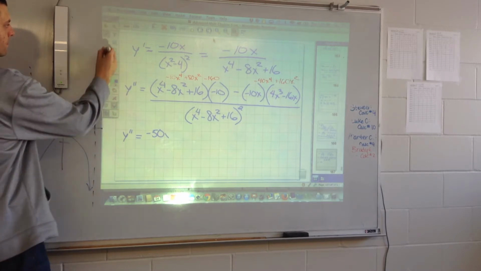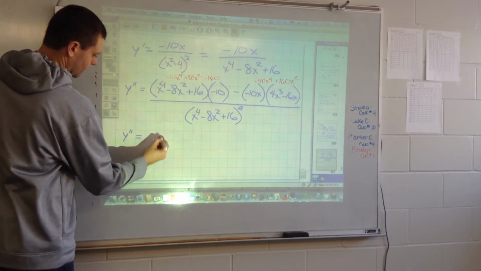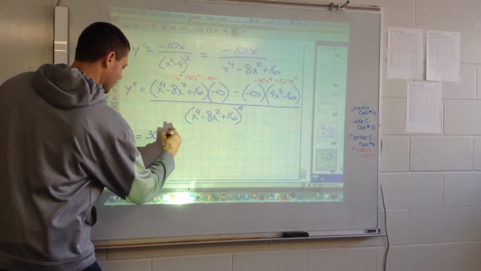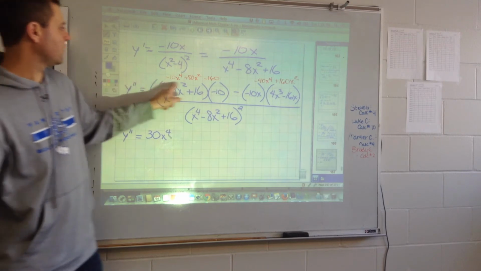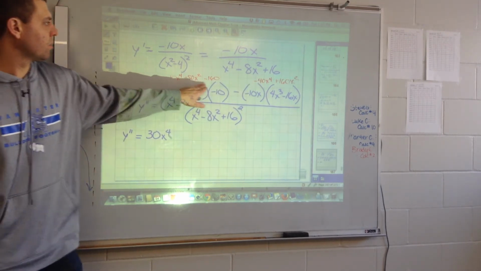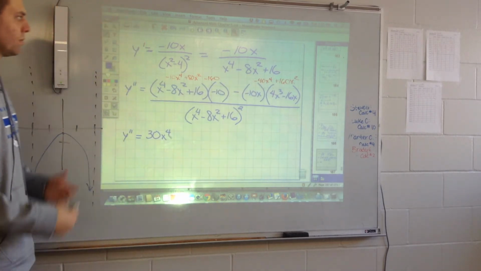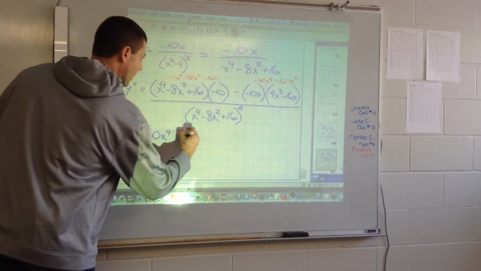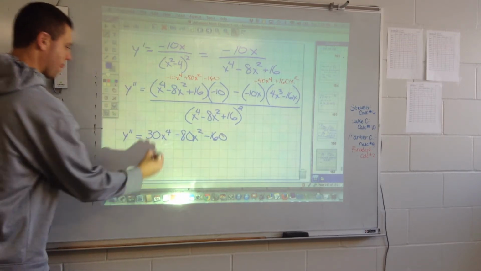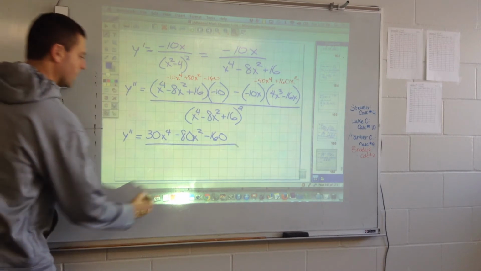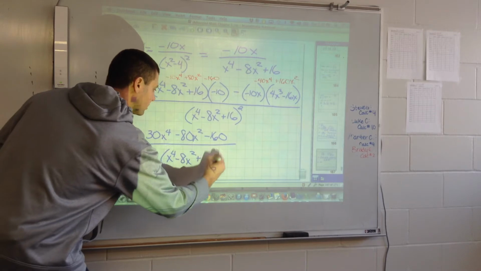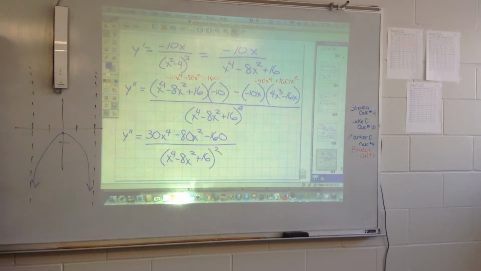Negative 10x to the fourth minus a negative 40x to the fourth would be a positive 30x to the fourth. 80x squared minus 160x squared would be minus 80x squared, and then minus the 160, all over x to the fourth minus 8x squared plus 16, squared.